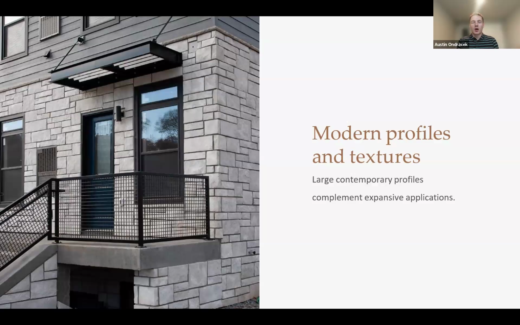Talking about more modern profiles and textures that you can get, something really unique that the manufactured stone industry has pushed towards and achieved is much larger format textures and styles with their stones. Before, that was a lot harder to achieve, whatever it may have been that was limiting them.